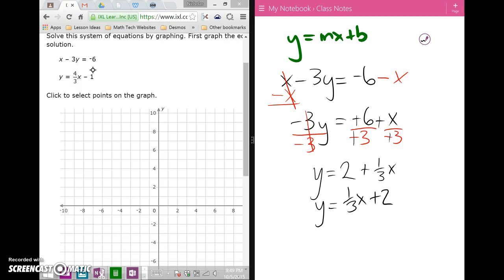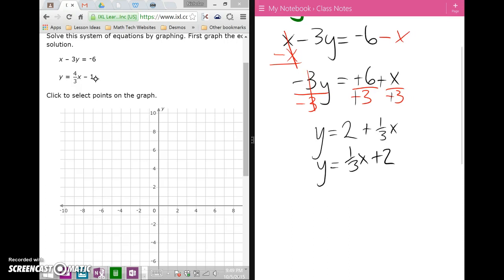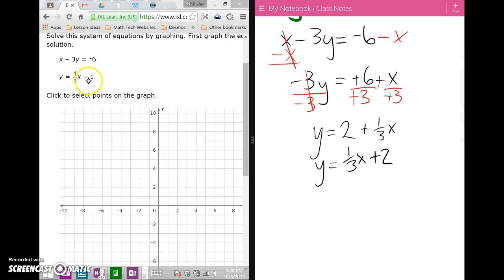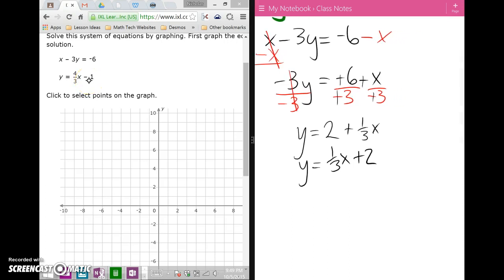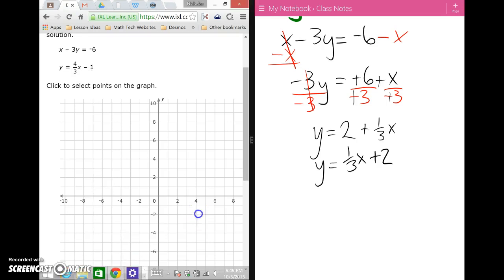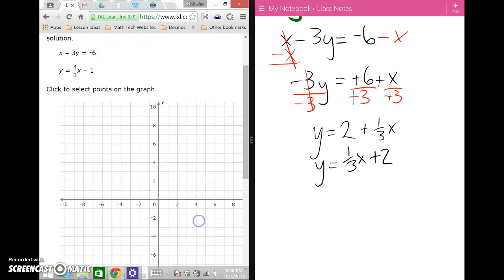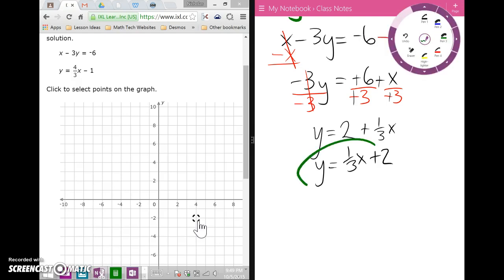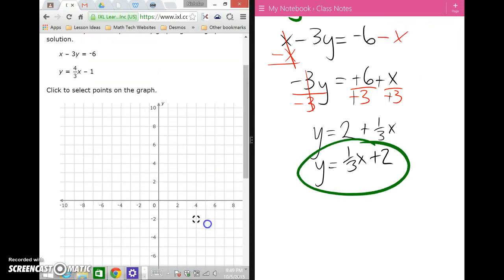So there's our equation. Now I've got two equations in slope-intercept form. So let me go ahead and write the other equation that we have, this one over here, right next to it. The first one's in green, so I'm going to highlight that in green, just so we can remember that's the one that's green.